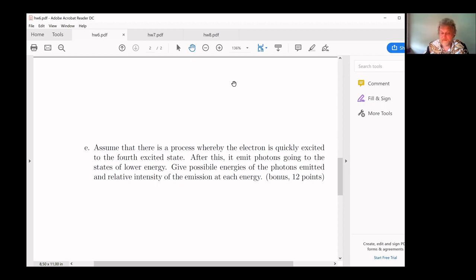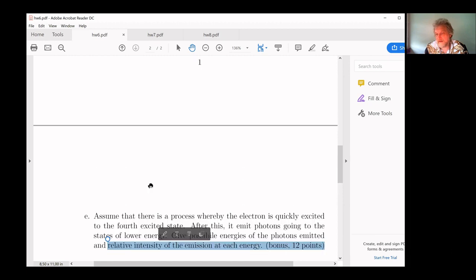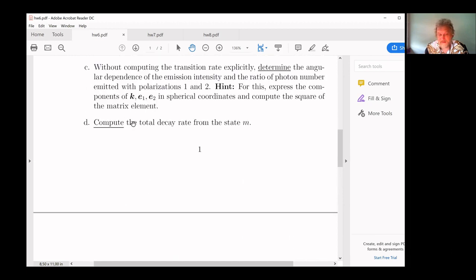It emits them with different rates, and one needs to compute the resulting emission spectrum, which has several discrete energies, and thus the relative intensity of the emission. That comes from the total decay rate you have computed in the previous exercise.